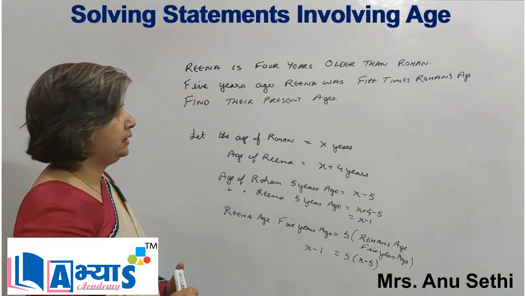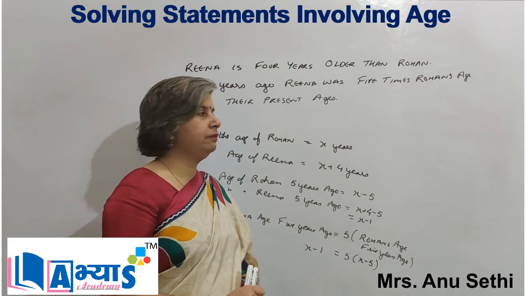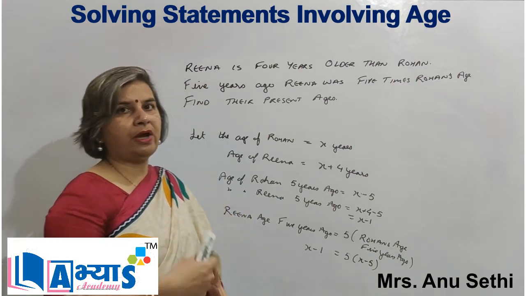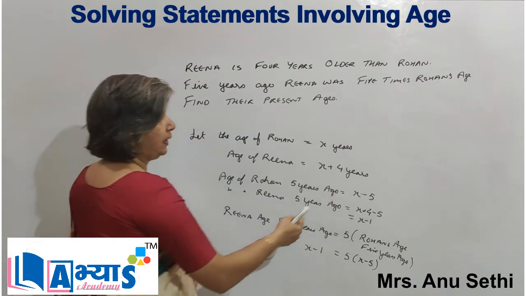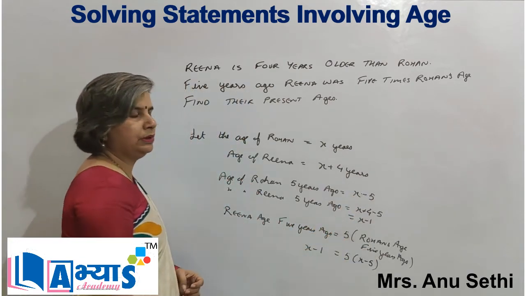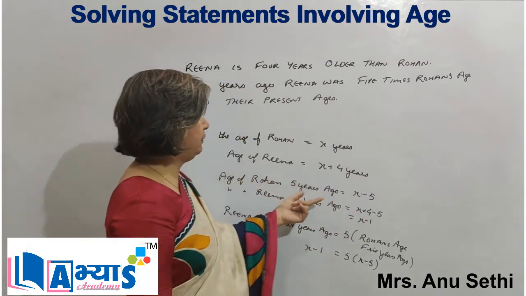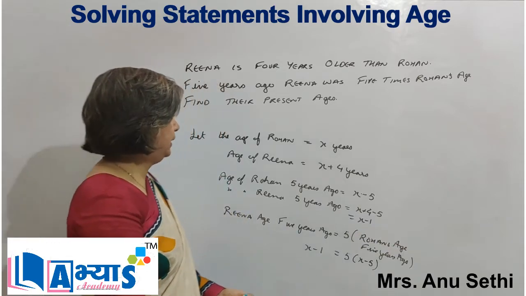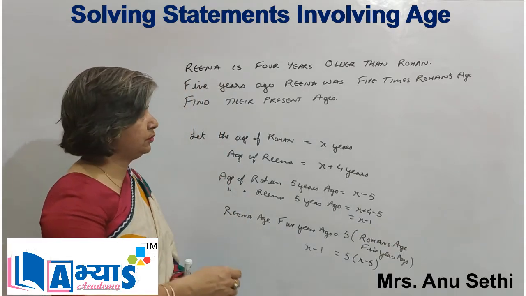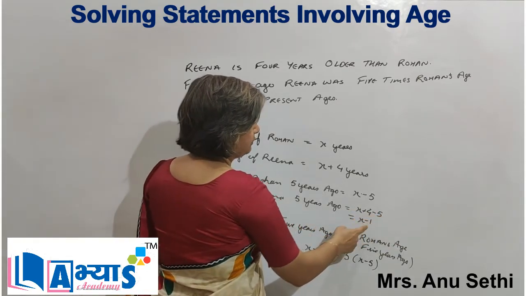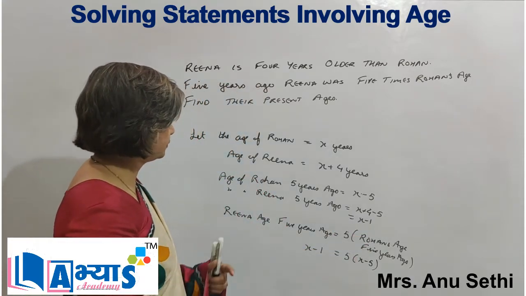That means there is a relation in which we are discussing the ages 5 years ago. So we will subtract 5 from both the ages. So age of Rohan 5 years ago was x minus 5 and age of Reena 5 years ago was x plus 4 minus 5, or x minus 1.